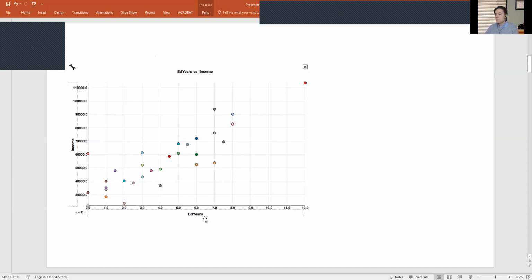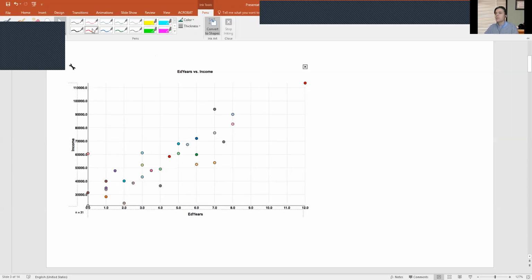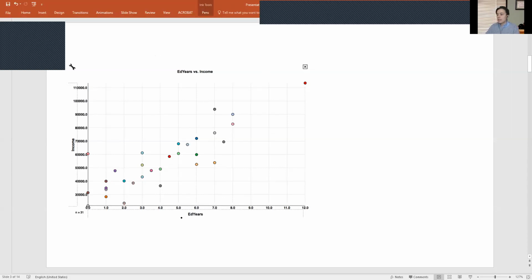The x-axis shows the number of years studied after high school, and the y-axis shows the income. So the yearly income for these people, after high school, is the income per year.